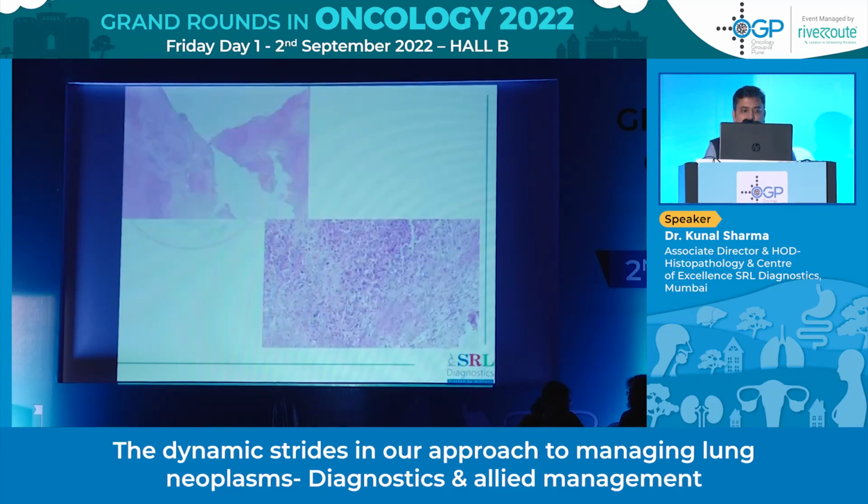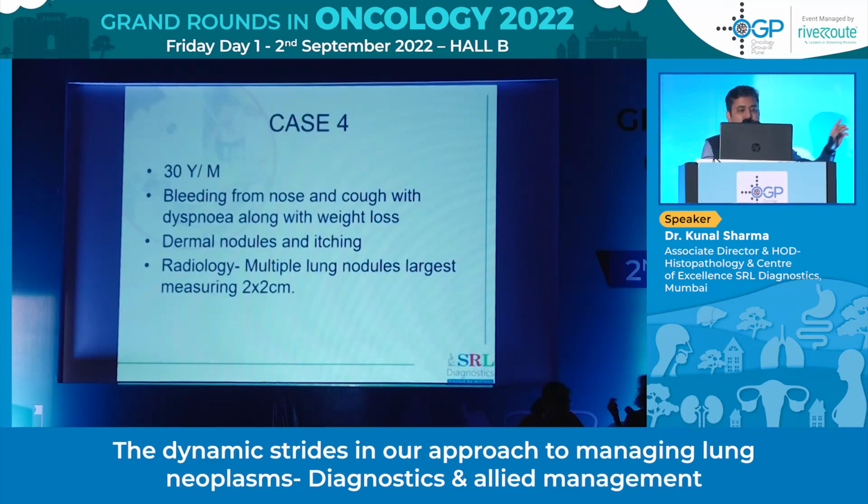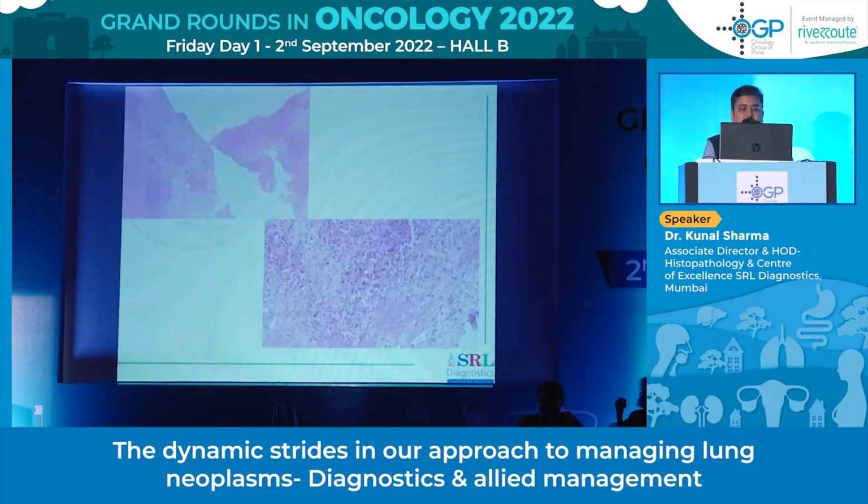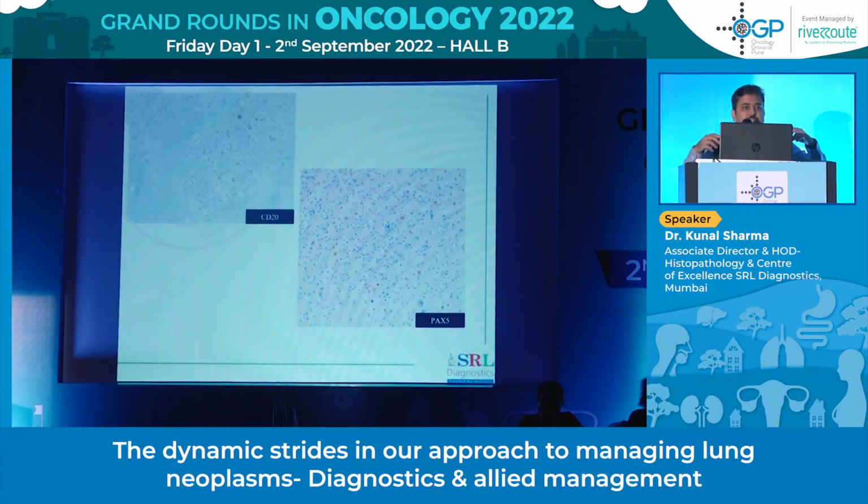So I'll just tell you the history. Radiology shows multiple lung nodules, largest measuring 2 into 2 centimeters. So this is an extranodal lymphoproliferative lesion, wherein there are large cells positive for CD20 and PAX5 and Eber-ISH, and a background monotonous population of T cells.